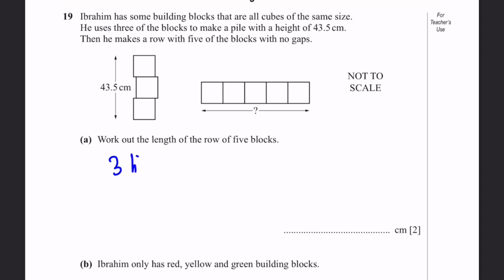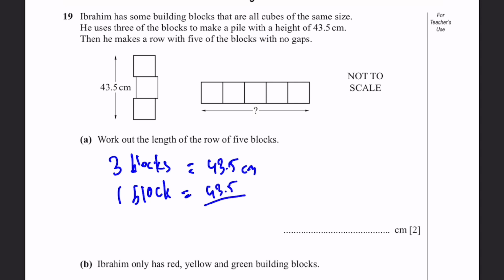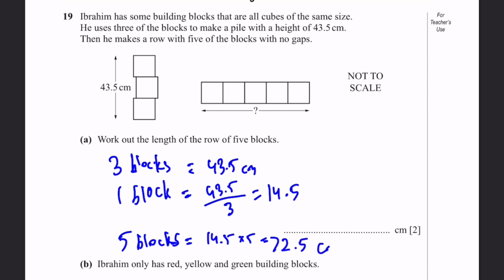So 3 blocks is 43.5 centimeters. 1 block is equal to 43.5 divided by 3. And if you do that, the answer will be 14.5. And if you use 5 blocks, that's equal to 14.5 into 5. And that's equal to 72.5 centimeters. So the answer is 72.5 centimeters.